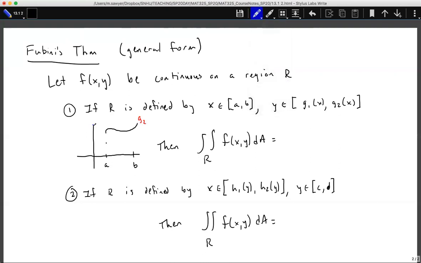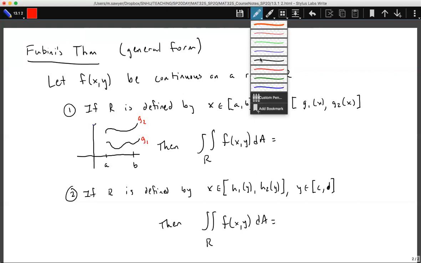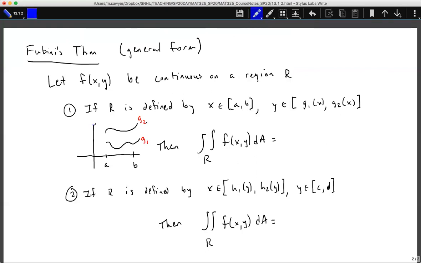And my lower bound, g1. So here y is a function of x. My bounds on y, functions g1 and g2. And I'm looking at the region, and my region is defined to be this area between a and b, bounded by g1 and g2.